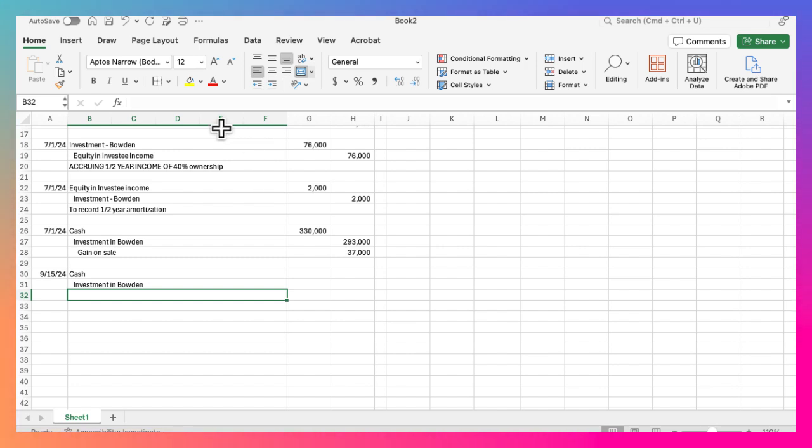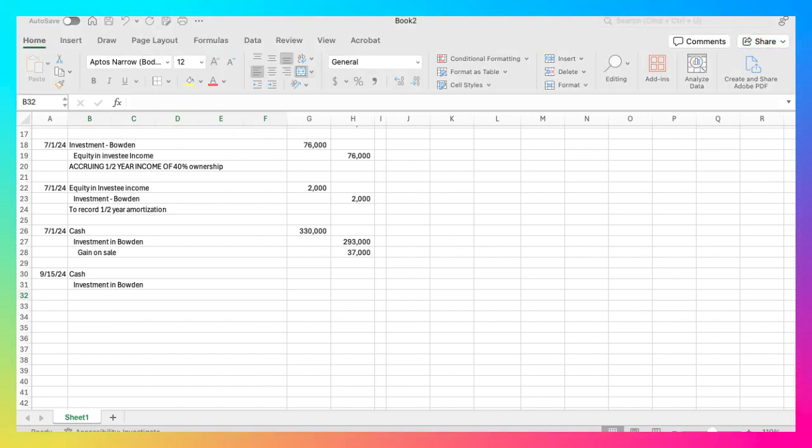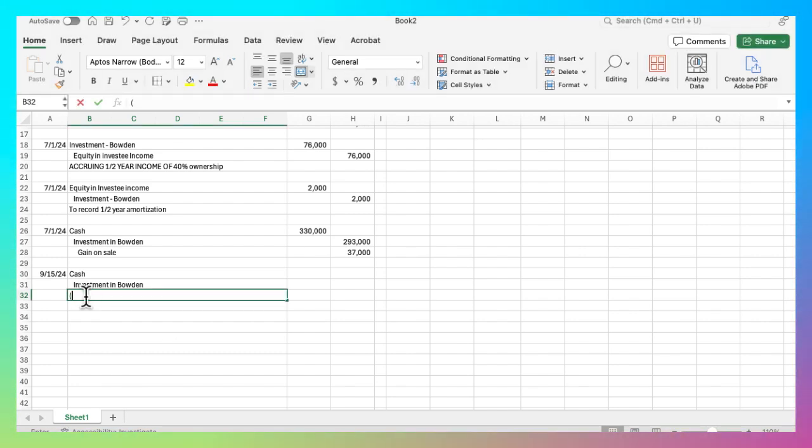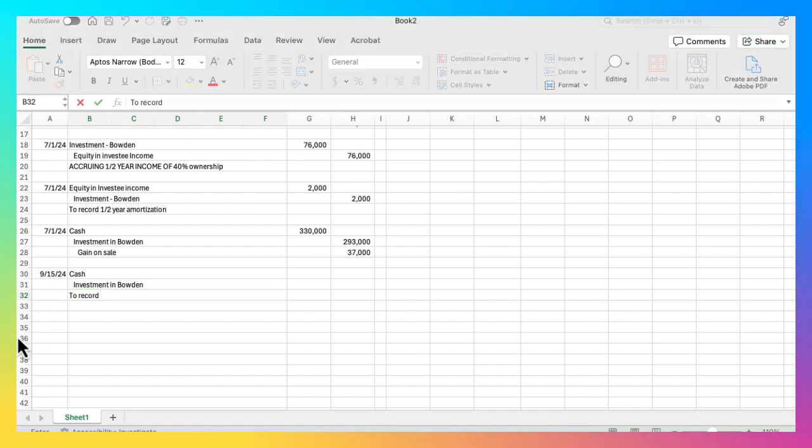Well, they tell us in the problem that the dividends are $100,000, right? We're talking about dividends, record annual dividends, because that's what happens on the 15th of September.